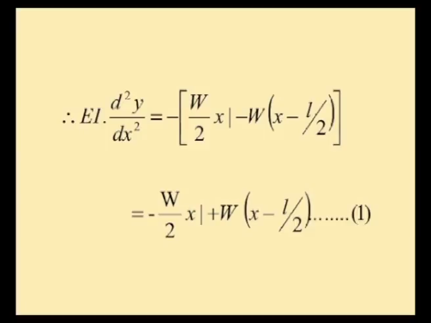Put a dotted line and write the extra term available in the second equation for portion C B, which is minus W into x minus L by 2. If we operate the minus sign on both, we will get minus W by 2 into x, with a dotted line, plus W into x minus L by 2. So, this is our first equation.